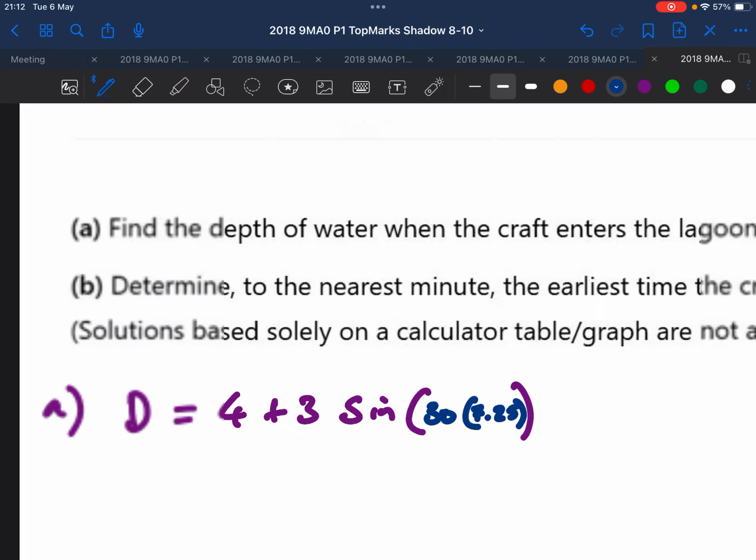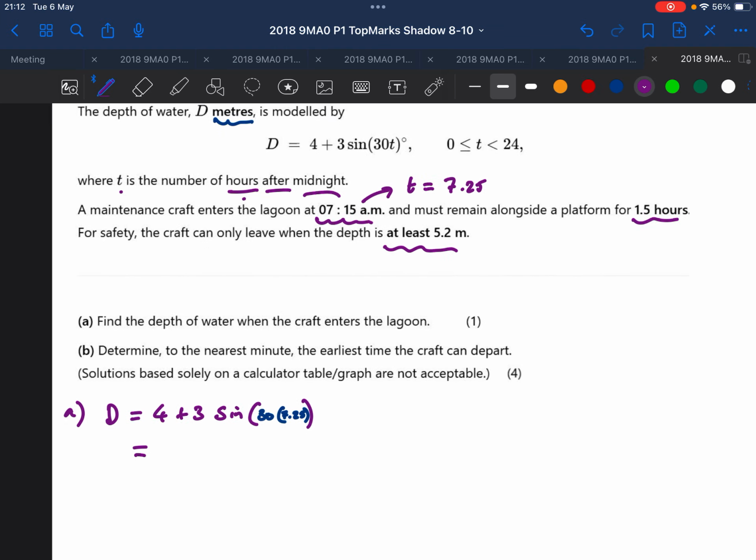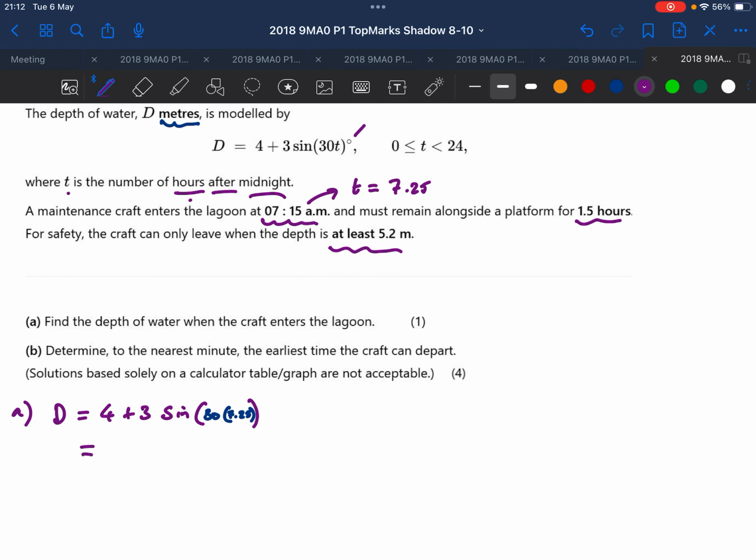Okay, so if we work that out in degrees, there's a small degree symbol there, I get 1.879 meters.